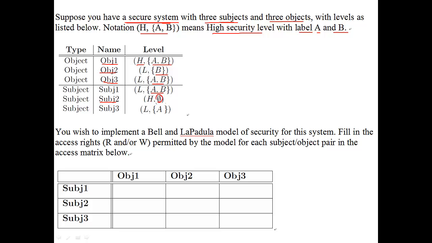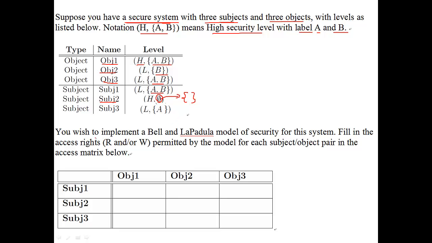Here I think it's a little different from our previous one. We use the empty curly braces here, okay? That means without any label. Then subject 3 is low level but with category A. Also we call that labeled by A.